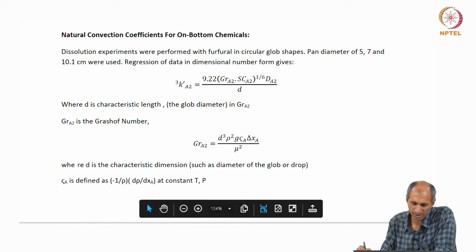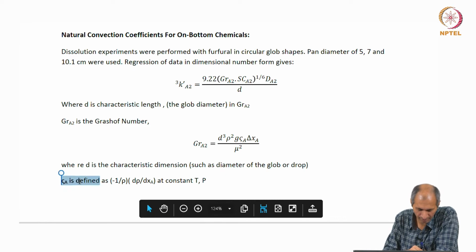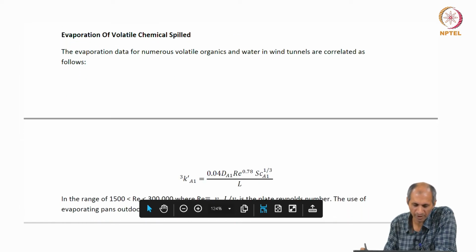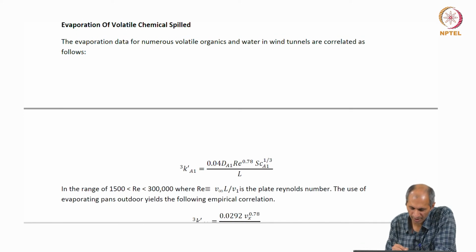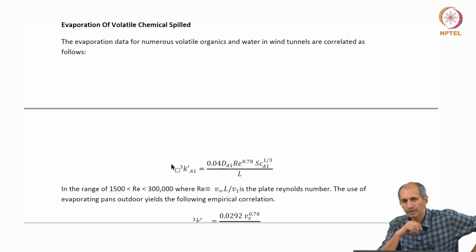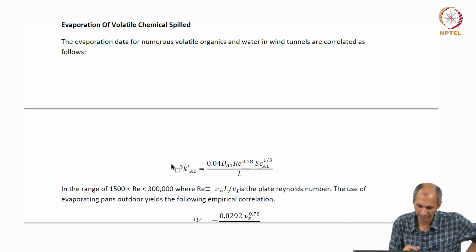And we have natural convection, which is again a density difference, a density driven thing. Okay. So, this density difference is defined at the bottom here. And we have evaporation of volatile chemical spill, which means it is Ka13. Ka13 will be with the air and some solid interface, air and land or air and soil, something like that, or the air side.